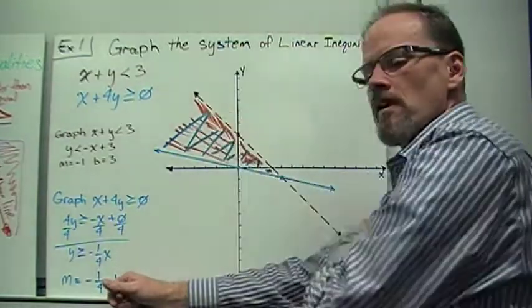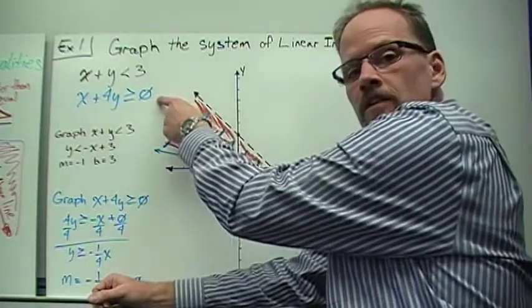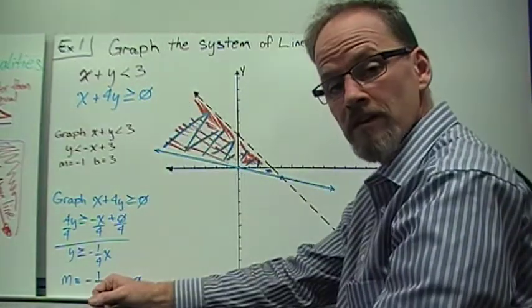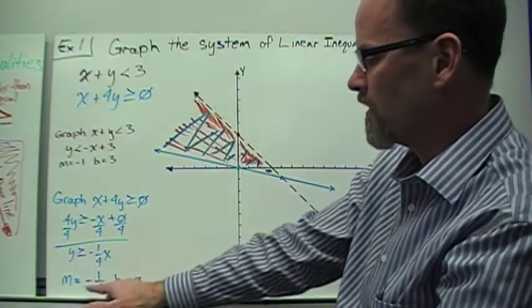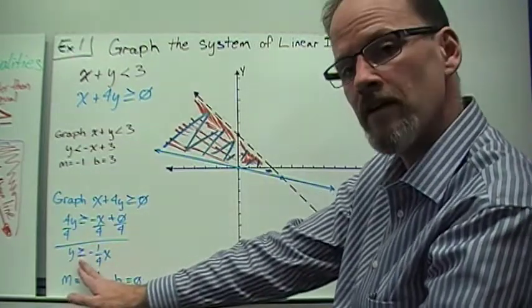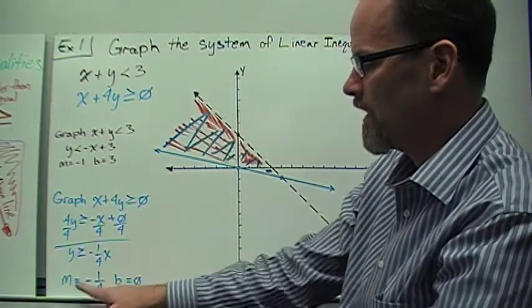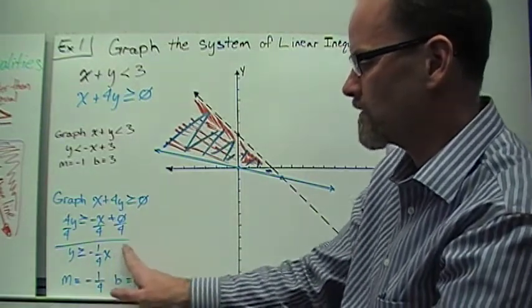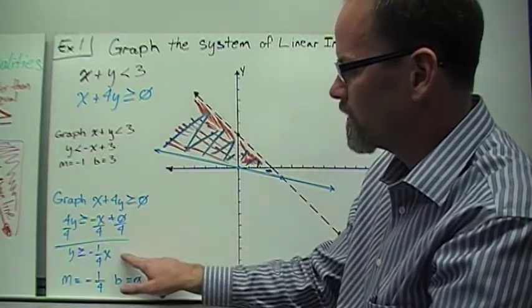I would draw the brown line first, and then I'm going to convert the second inequality into slope-intercept form. When I do that, I end up with y is greater than or equal to -1/4 x. Notice how I don't have a y-intercept here; 0 ends up being 0.